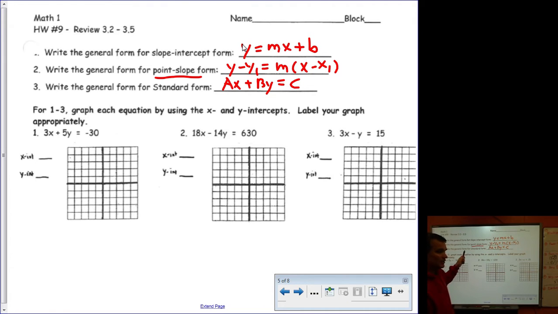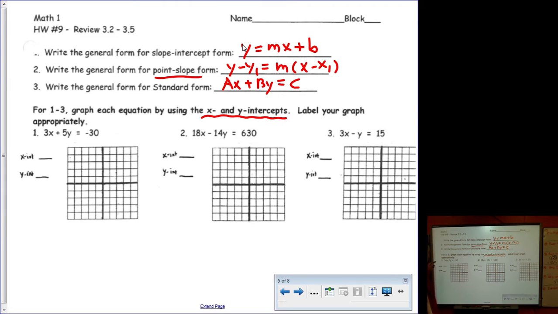All right, I don't know if you noticed this or not, but now I numbered them 1 through 3 again, sadly. So number 1, I'm supposed to graph these by using the x and y intercepts. You find the x and y intercepts by putting 0 in for the opposite variable.